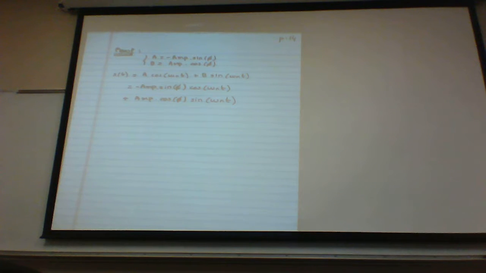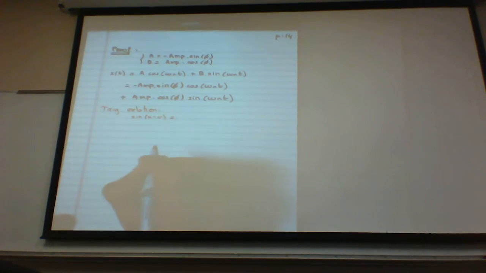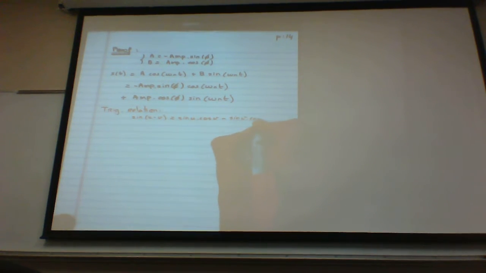All right. So you remember the trigonometric identity. So trig relation. What is that one? Sine of u minus v is equal to what? Sine u cosine v minus sine v cosine u.